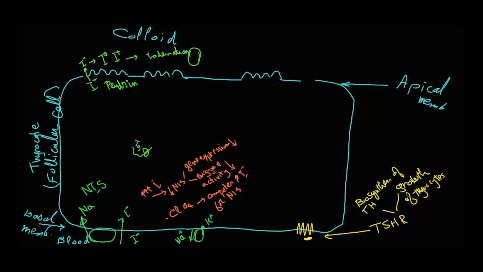So this is thyroglobulin, and of course it has tyrosine residues. These become iodinated after the iodides become oxidized, which means they lose electrons. This prepares the iodide for the next step, which is the covalent bonding with thyrosyl residues of thyroglobulin.